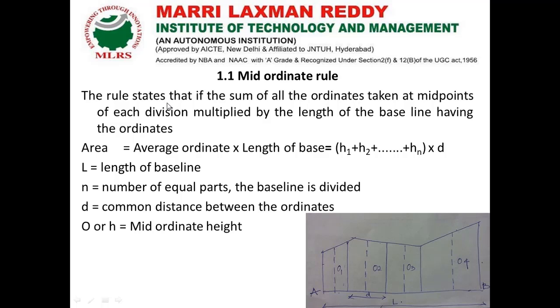This rule states that the sum of all the ordinates taken at the midpoints of each division is multiplied by the length of the baseline having those ordinates. Here O1, O2, O3 are the ordinates taken at the points.